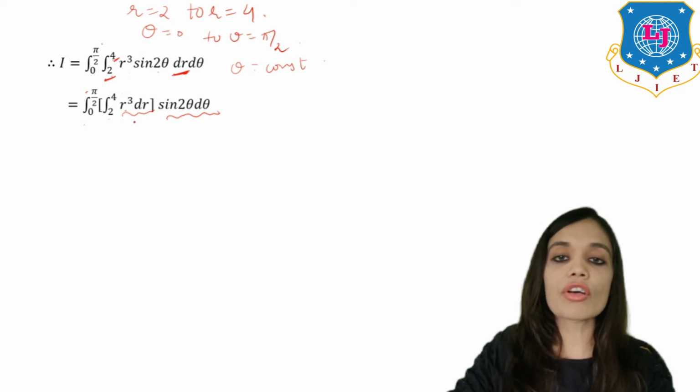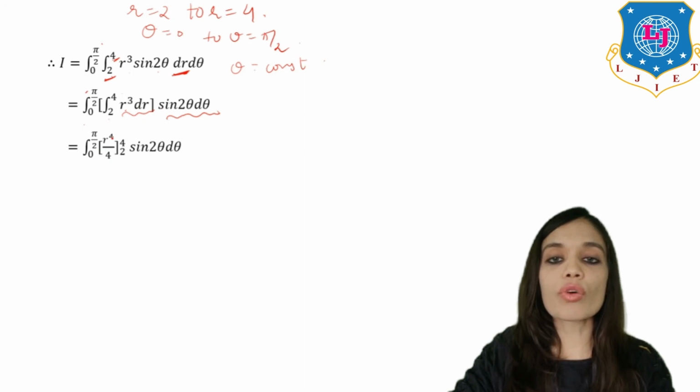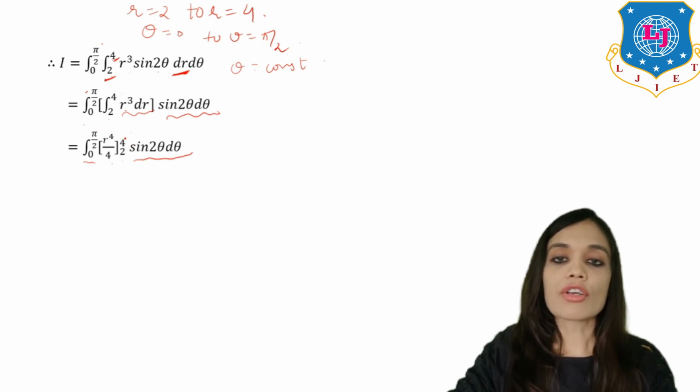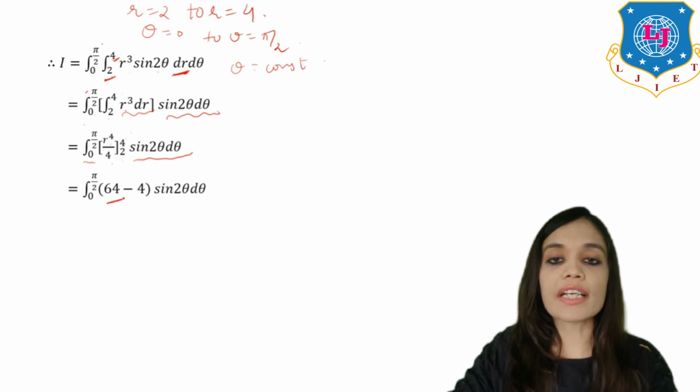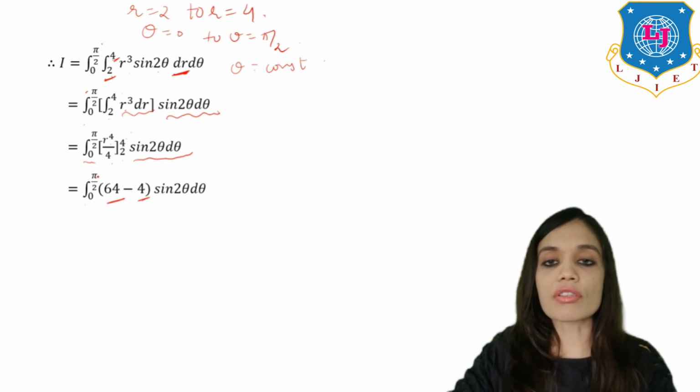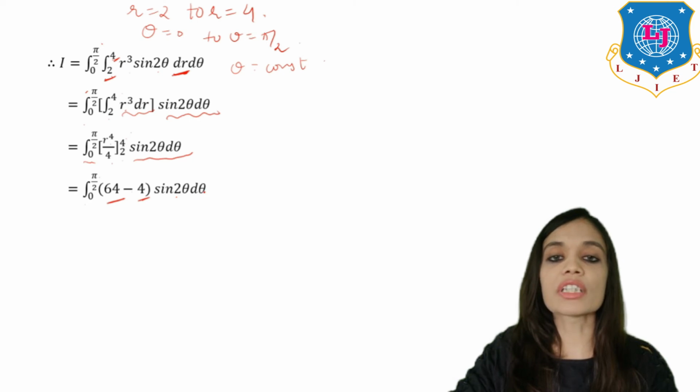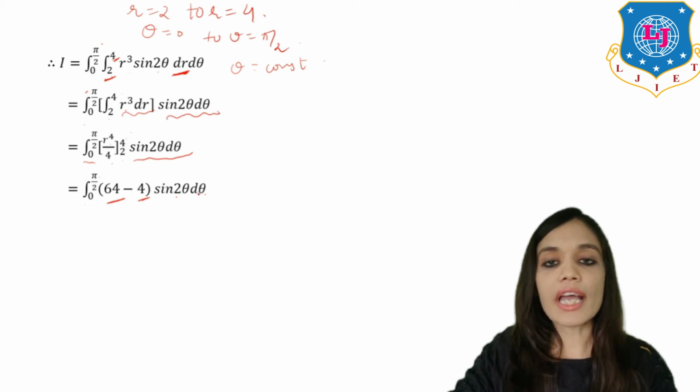So integration of this term will be r raised to 4 upon 4 and your limits are 2 to 4. Okay, and all these terms will remain as it is. Now let us put the limits in place of r. So firstly we will put r equals 4. So we will get 64 minus, put r equals 2, so you will get 4. And this integration from 0 to pi by 2 of sine 2 theta d theta will remain as it is.